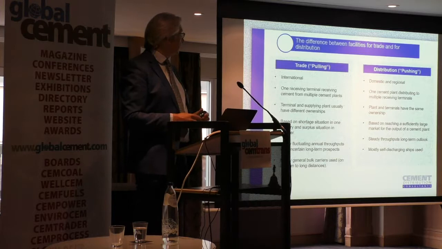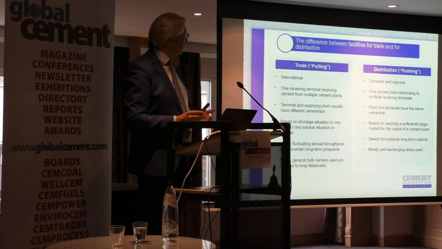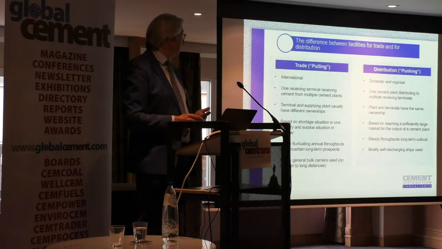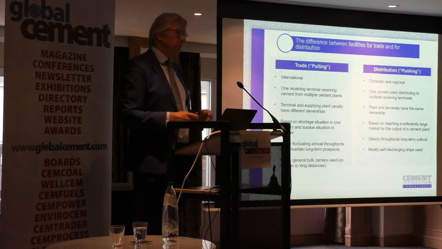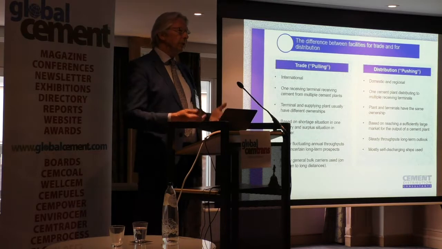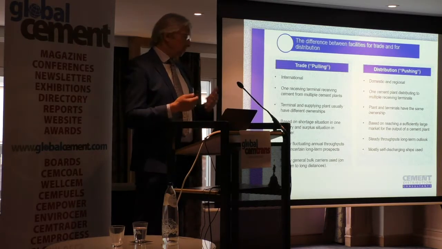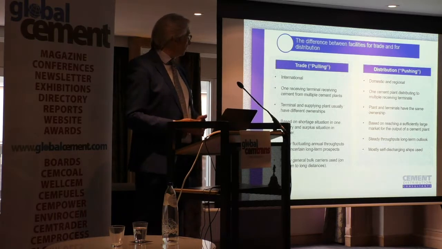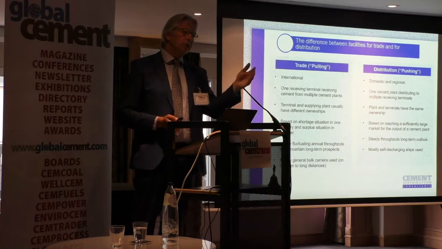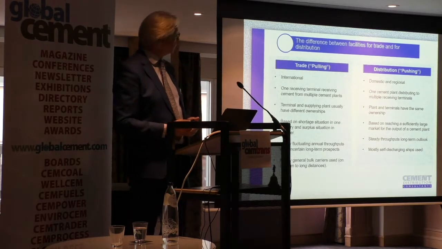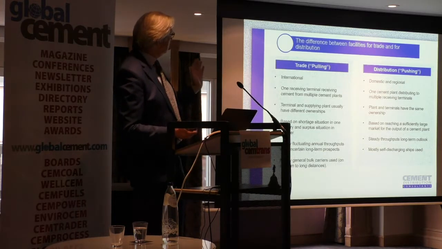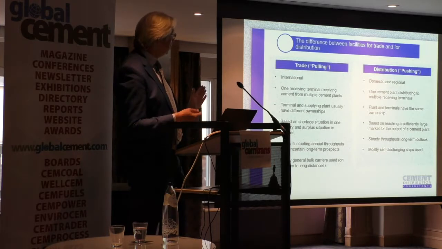One cement plant distributing to multiple receiving terminals, same ownership, and that distribution network is there to optimize the output of the cement plant. Steady throughputs, long-term outlook, and there we see that mostly self-discharging ships that have the capability to move product to multiple facilities are used.